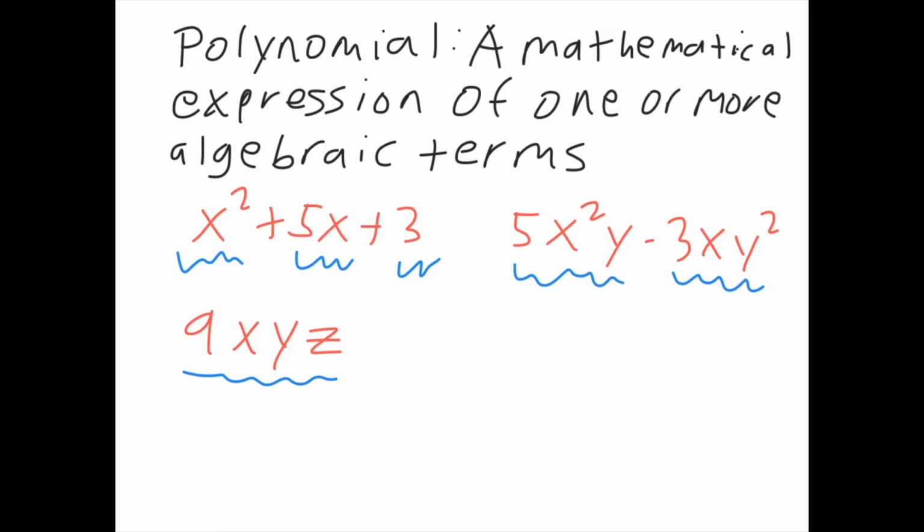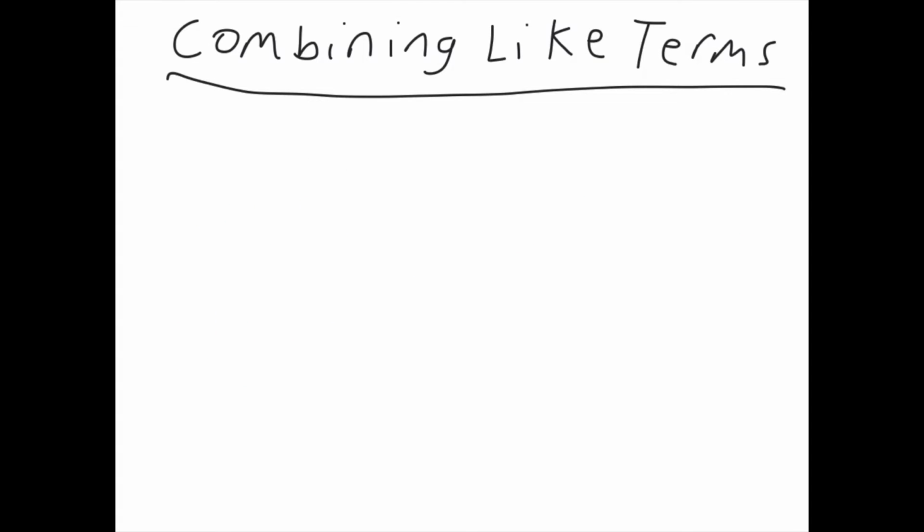So let's start and actually do some math. Whenever you're adding or subtracting polynomials, you have to do what's called combining like terms. So let's start off with an example. Say we have 5x plus 3 minus 2x plus 7, and we want to simplify this.